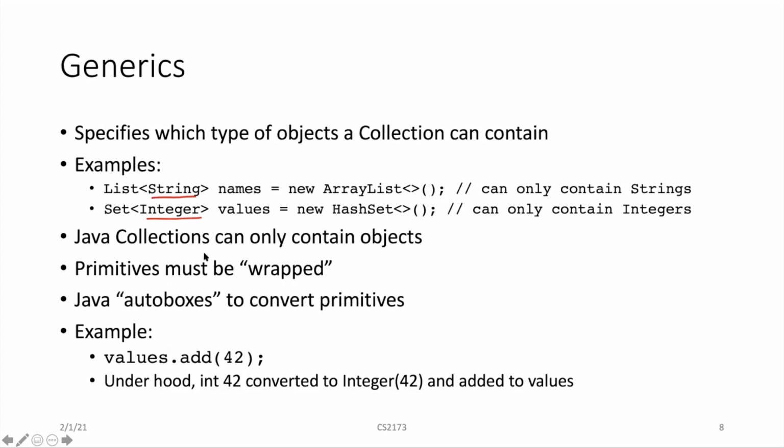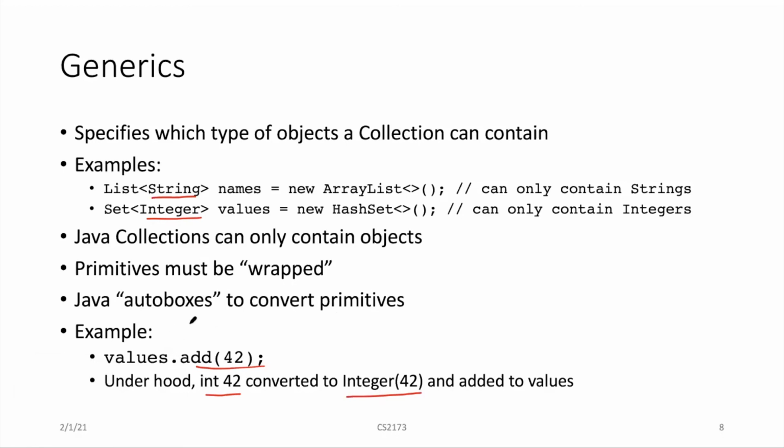So for example, in this set of integers called values, I can say add the number 42, and under the hood, it converts the int 42 to the object Integer 42, and then adds it to the values.